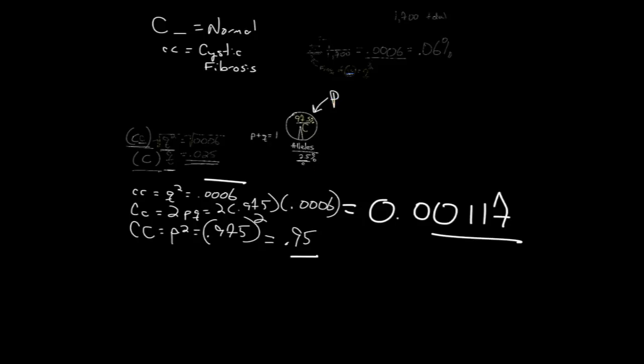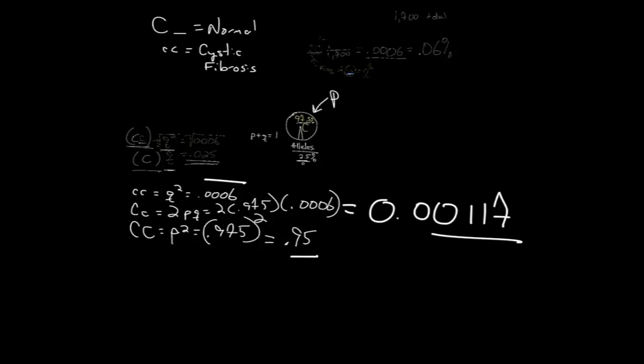And someone keeps asking, well, now can we find how many? What if I told you right now that there were 325, I'm just making up a number, 325 million people in the United States. How many would you expect to have cystic fibrosis?